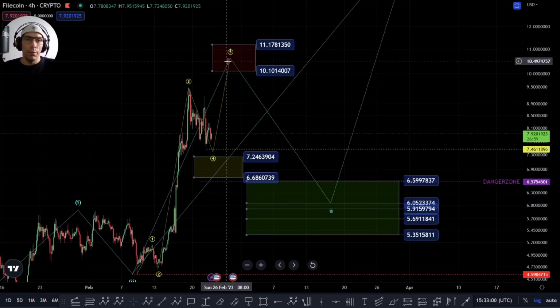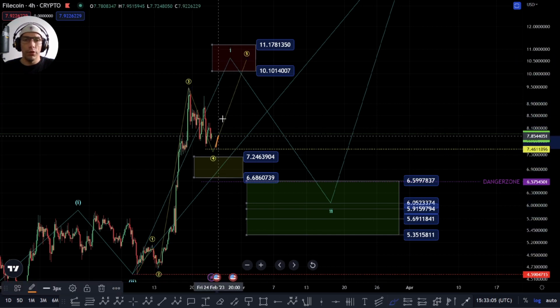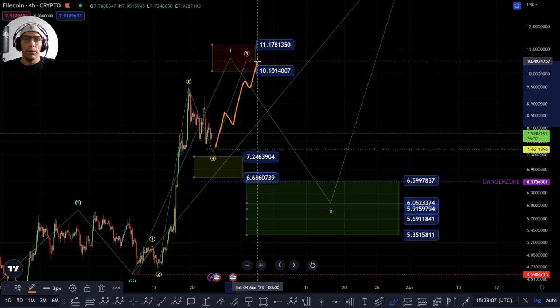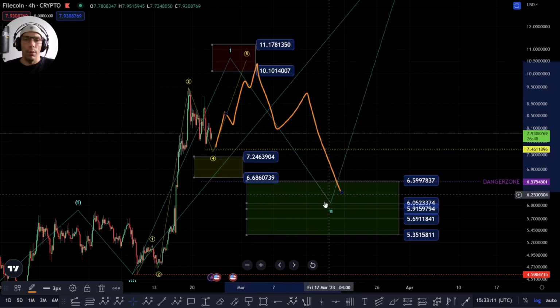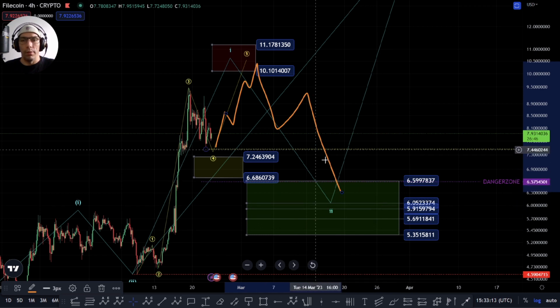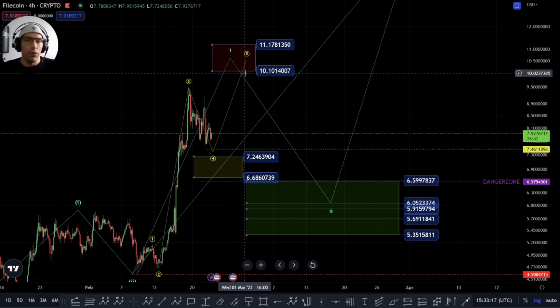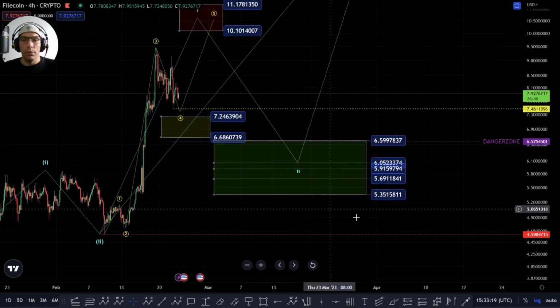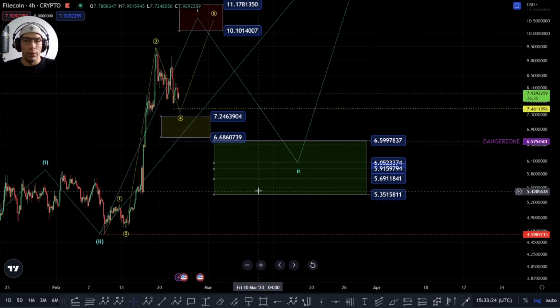If we do get a push up here, what I'd want to see is a nice clean five-wave structure to the upside, looking for this fifth wave. And then from there, we'd want to see a nice clean three-wave retracement down into this wave two zone. If we got a structure playing out like this, this wave two zone is the area where we would be looking for support to come in.